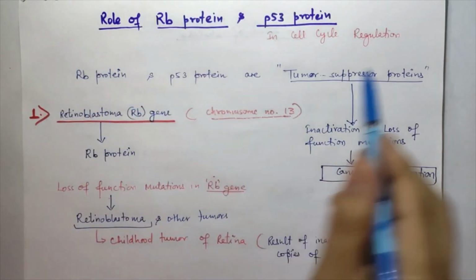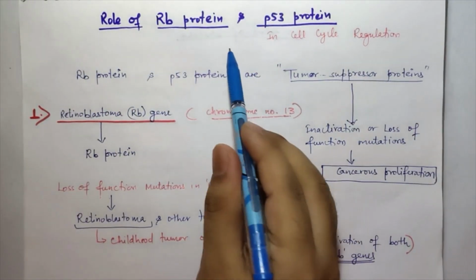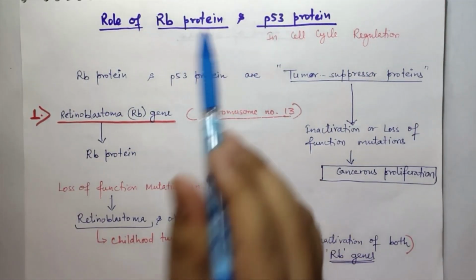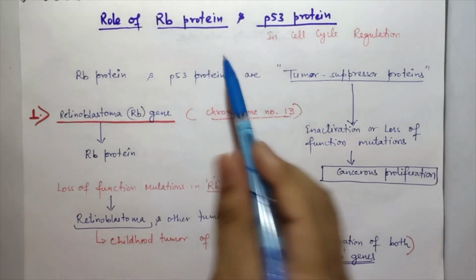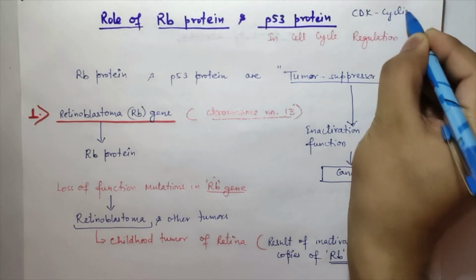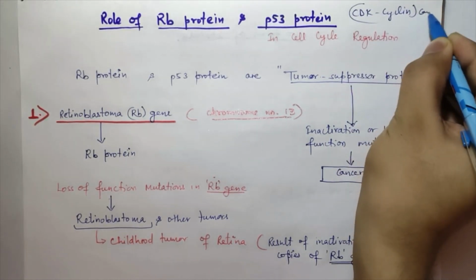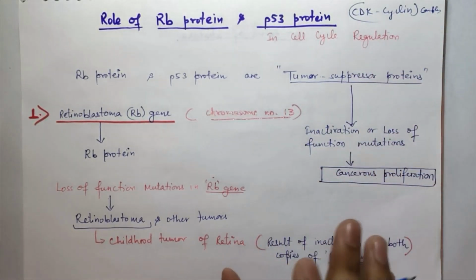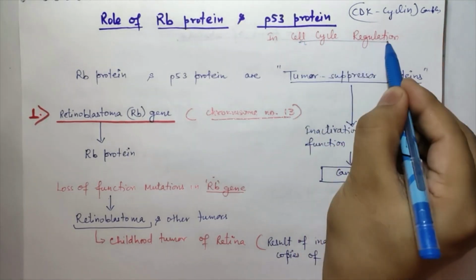Basically, these are two major substrate or target proteins which are regulated by the complex of CDK and cyclins, and they play an important role in cell cycle regulation.